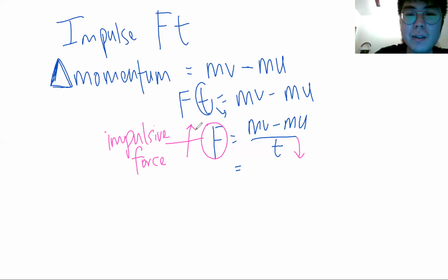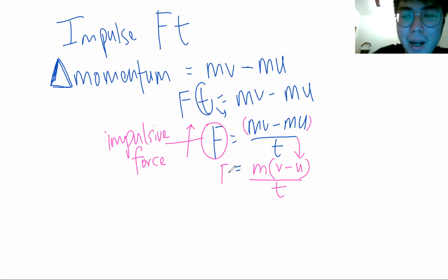Now from this formula, if I factorize the m out, F equals m times v minus u divided by t.